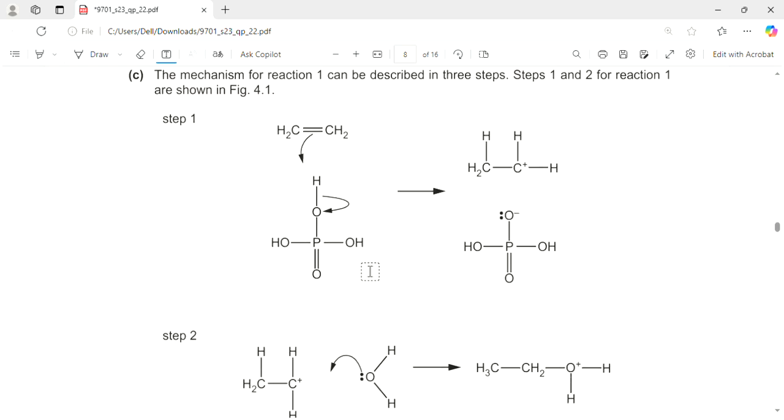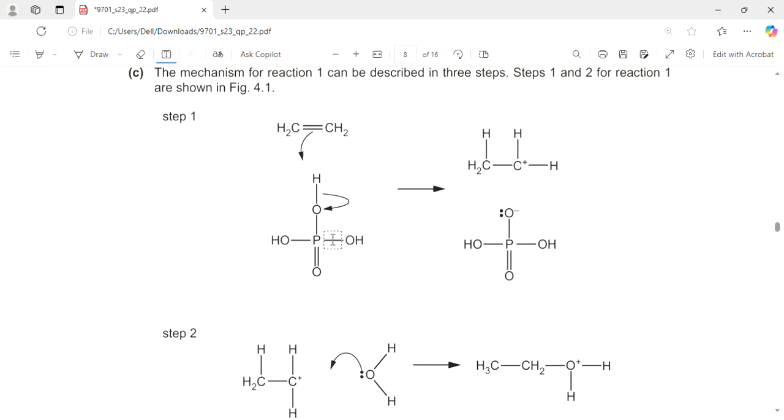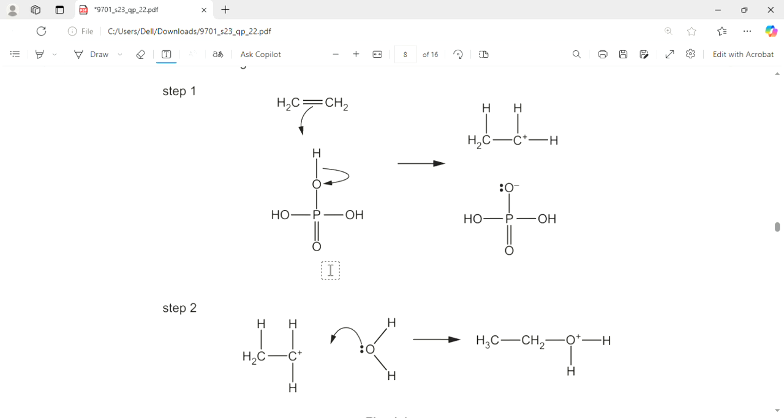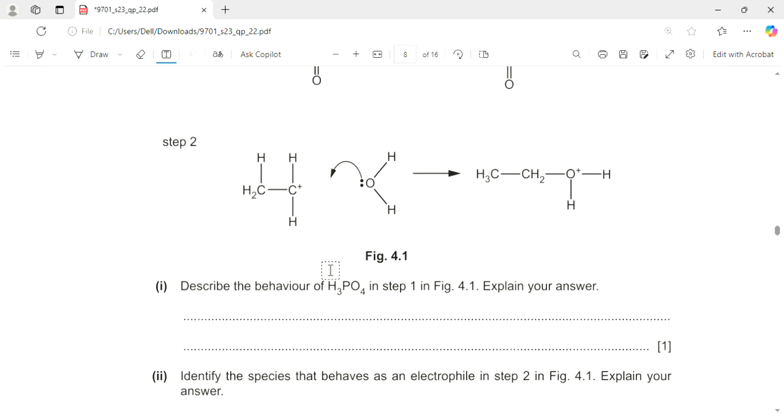So, H3PO4 acts like an acid. Phosphoric acid is added, and it donates a proton.